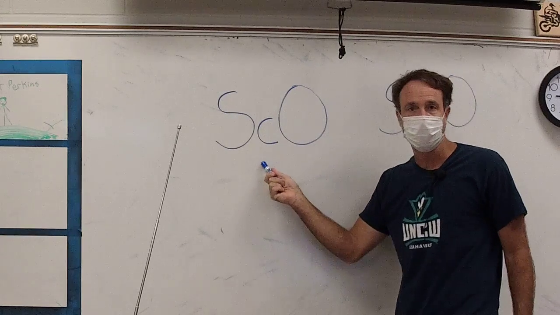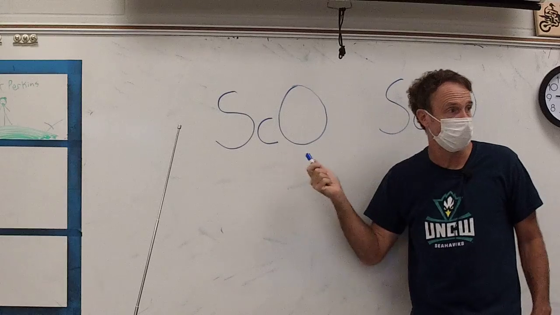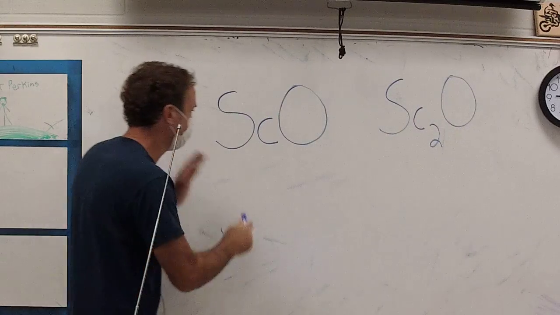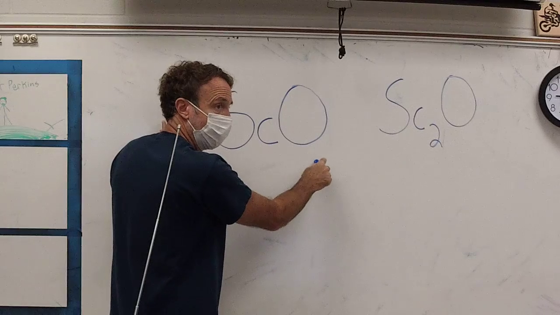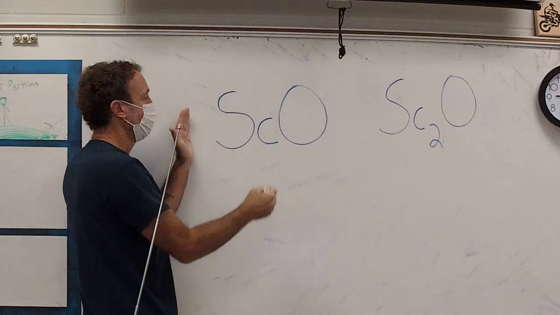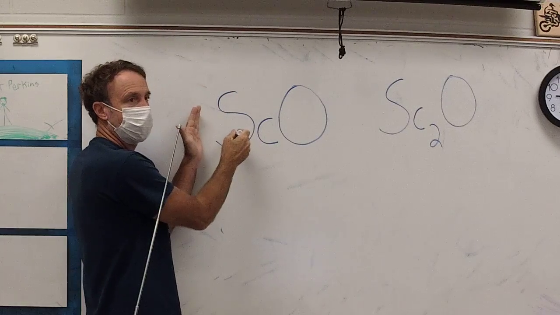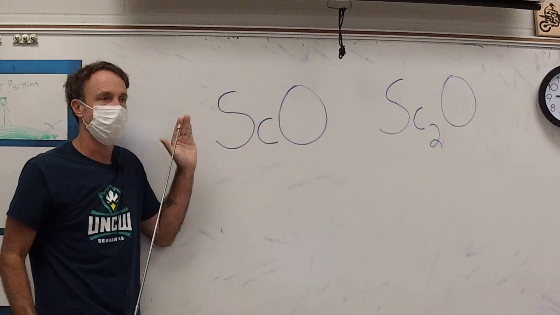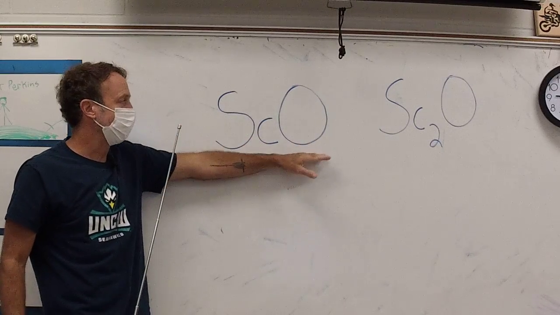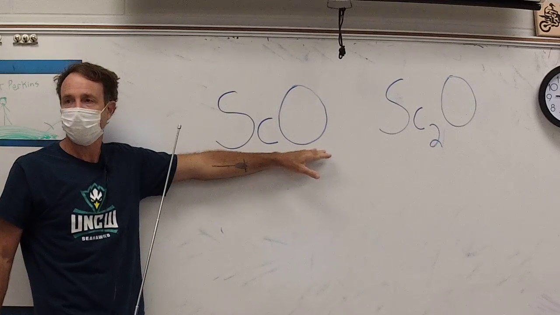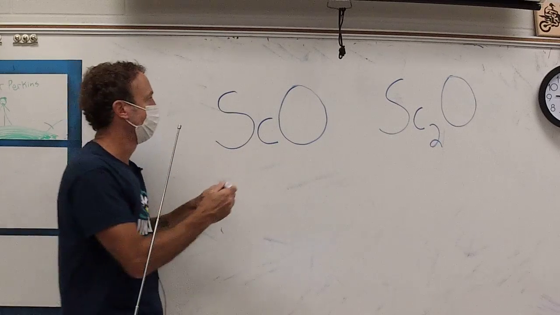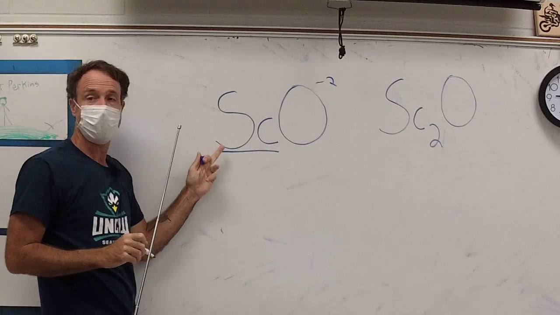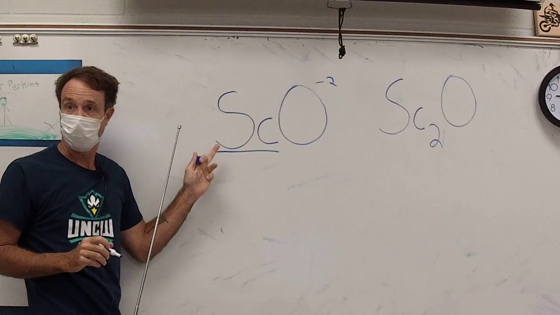Take a look at this formula, and you really need to be on it right now. Tell me, you know the oxidation number of this scandium because it's canceling out an oxygen. You know the oxidation number of oxygen. What's the oxidation number of oxygen? -2. So if there's only one of these canceling it out, what must that scandium be? +2.